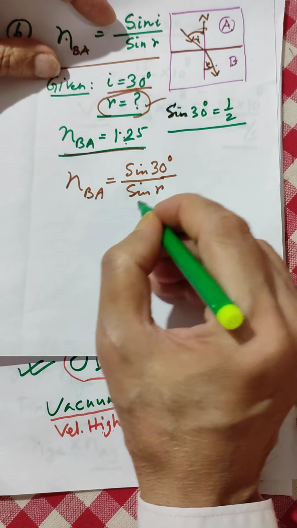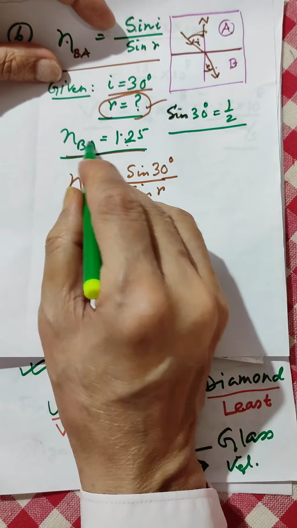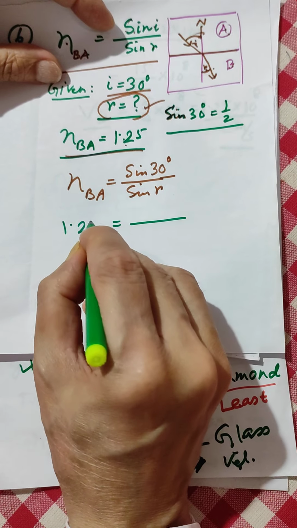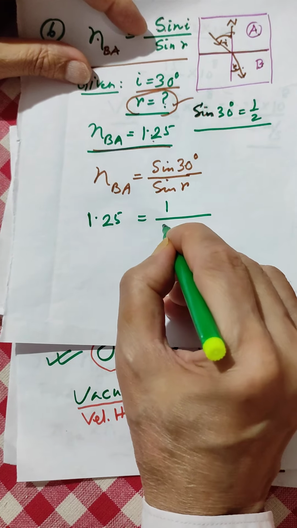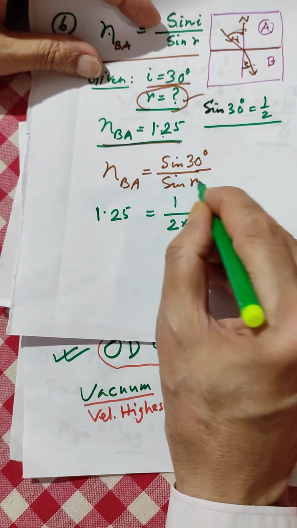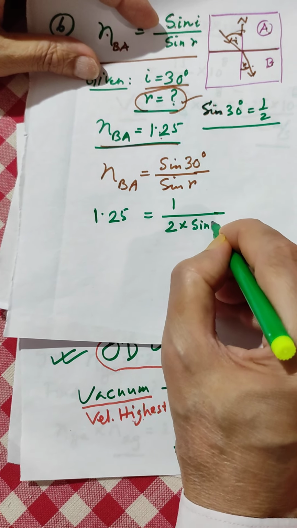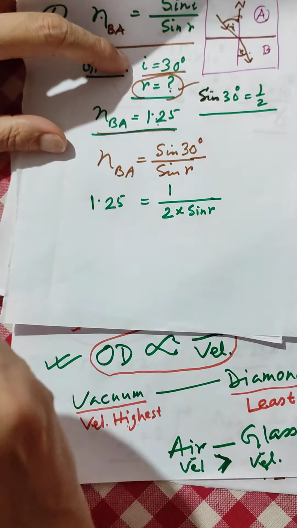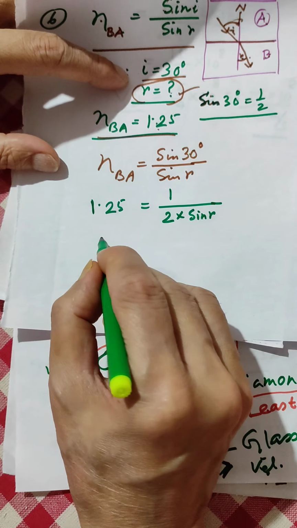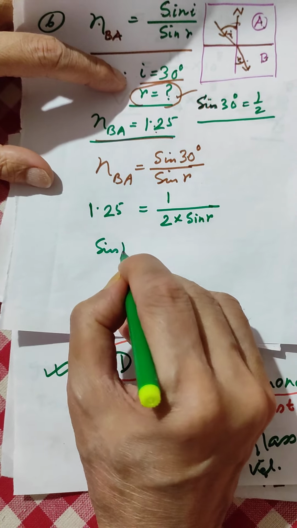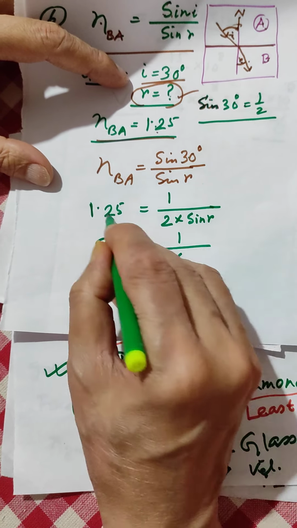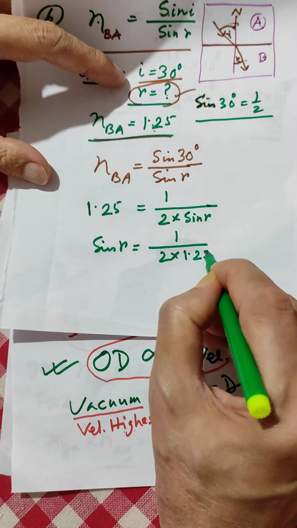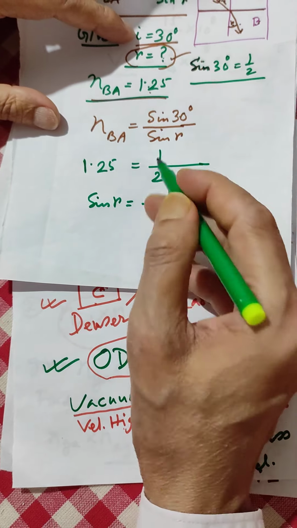Okay. So now simply we put the values. Now this is given 1.25. Sin 30 is given as 1 by 2, divided by sin r. Alright. Now cross multiplying, what do you get? Sin r equals 1 by 2 into 1.25. Isn't it? So use the rule of equation.